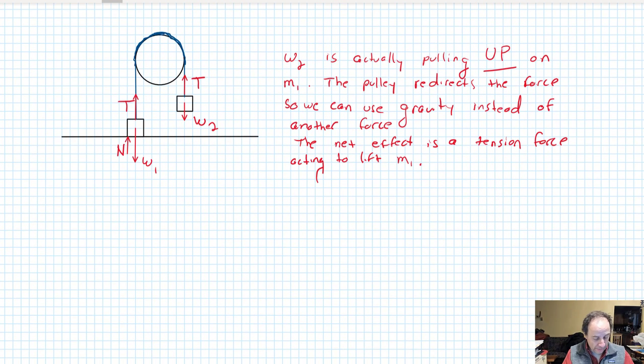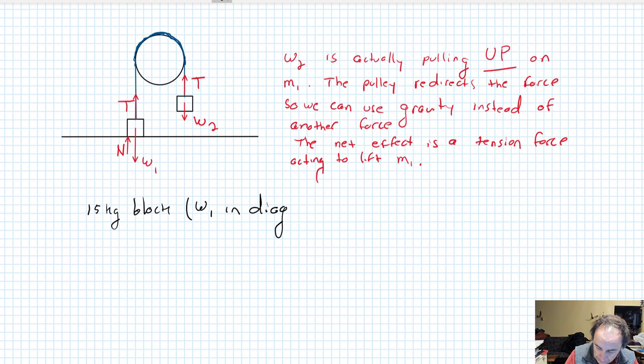So we have here, let me write the problem here. So there's a 15 kilogram block, which is W1 in the diagram. W because when we talk about force balance, we're going to need to use the weight of it. A 15 kilogram block rests on the floor.